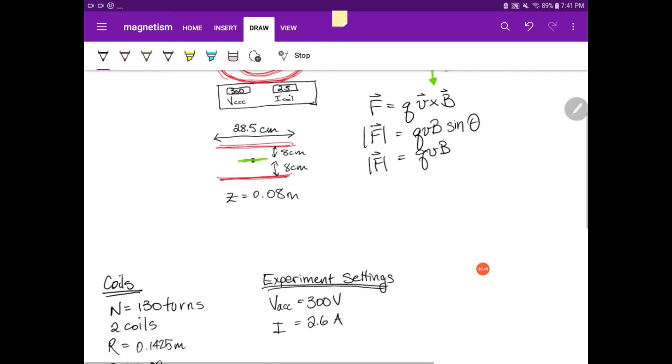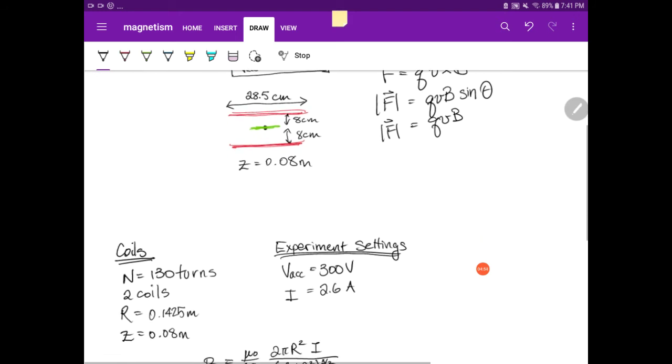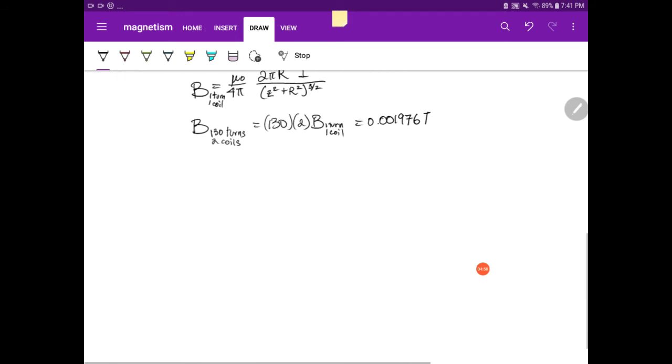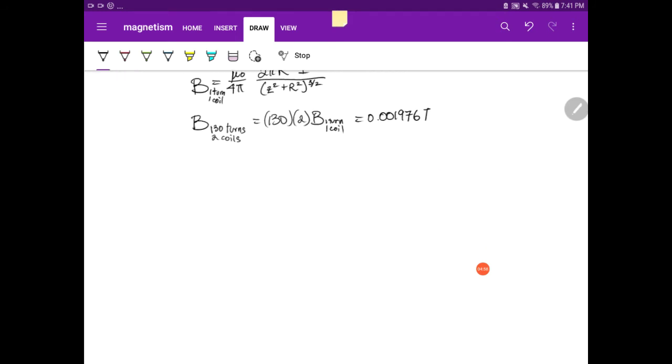What we want to do is figure out how we can use this force equation to calculate the electron charge to mass ratio. So what we want to recall is that from Newton's second law, the force that's created from the coils is going to equal the mass times acceleration that we observe, and what we observe is circular motion.